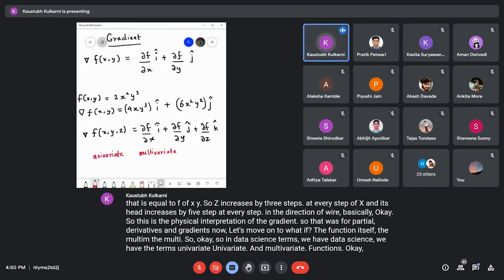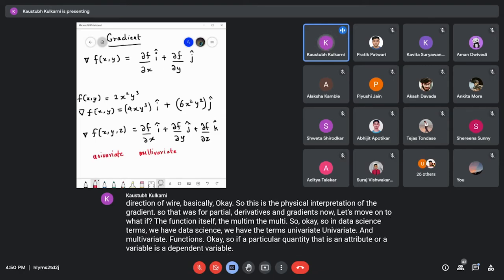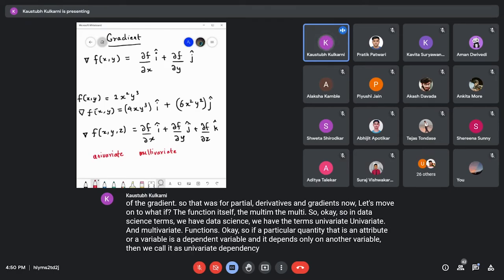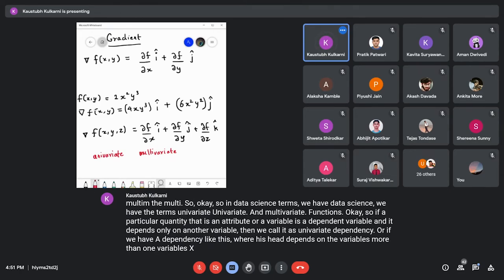If a particular quantity, that is an attribute or a variable, is a dependent variable and it depends only on another variable, then we call it univariate dependency. Or if we have a dependency like this where z depends on more than one variable, x and y, then we call it a multivariate dependency.